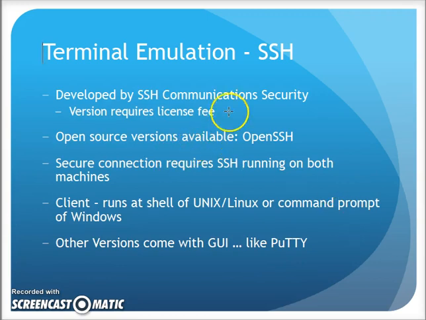Open source versions of this are OpenSSH. SSH does require that both ends are running SSH. The router is set up to run SSH, and your client actually has to have SSH running so they can have the key exchange and encrypt.